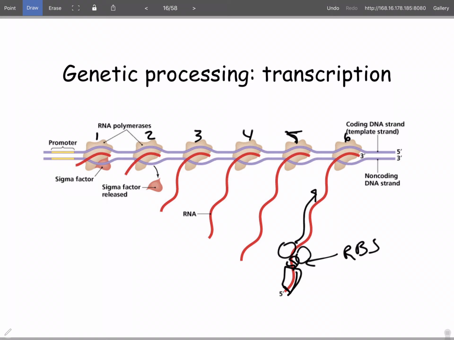But a lot of the regulatory processes that control these activities can't occur in the same way because they're not separated into compartments, right? This is all occurring in the cell soup in a prokaryote, whereas in a eukaryote, we get compartmentalization.